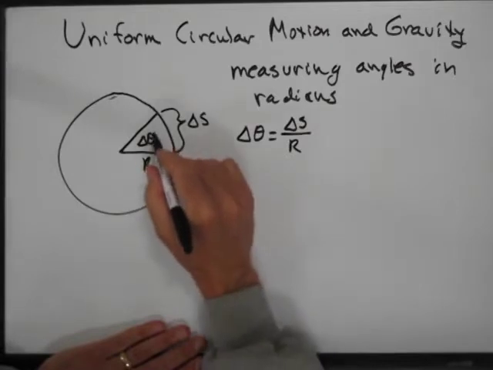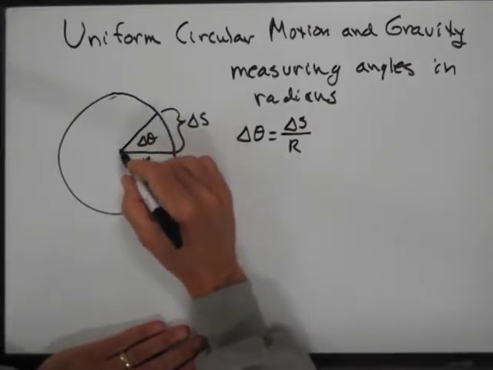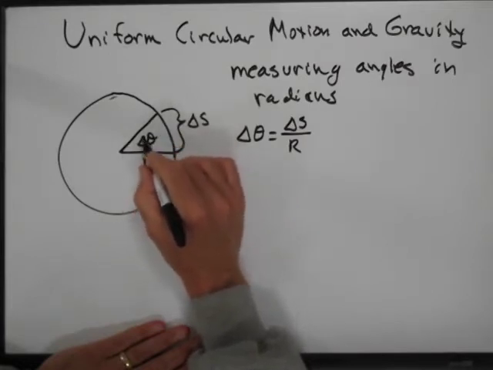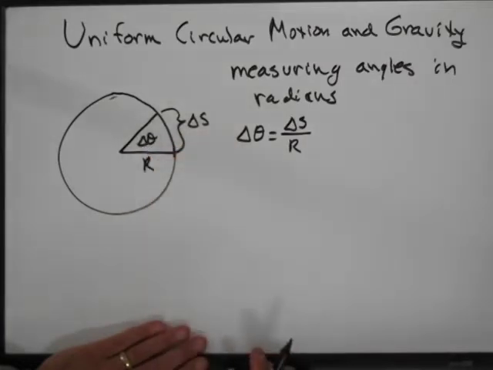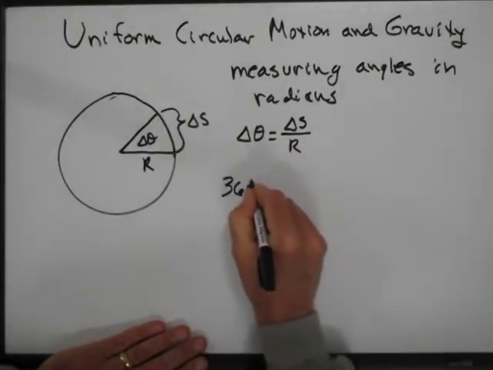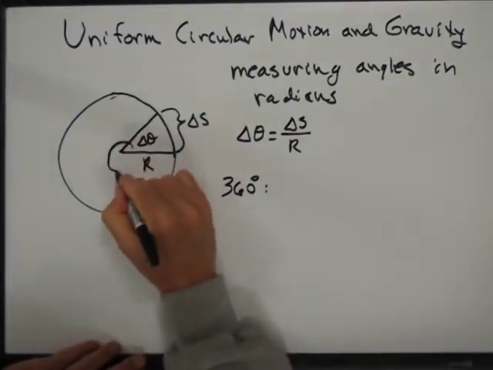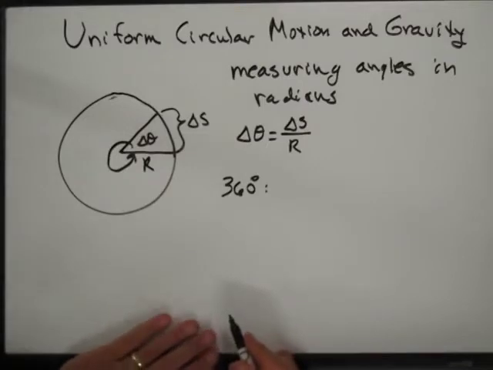And so the arc length is just how far you travel along the circle that the angle subtends, right? And then the radius is just the radius of the circle. And so a simple example is, if we wanted to look at 360 degrees, so the angle all the way around, well, we could say, what is that in radians?